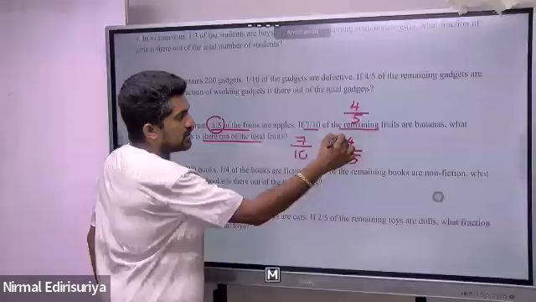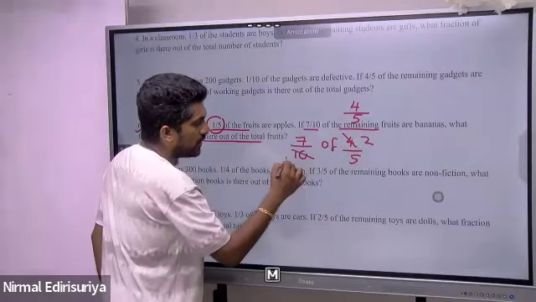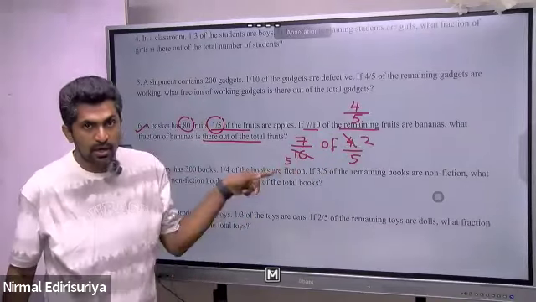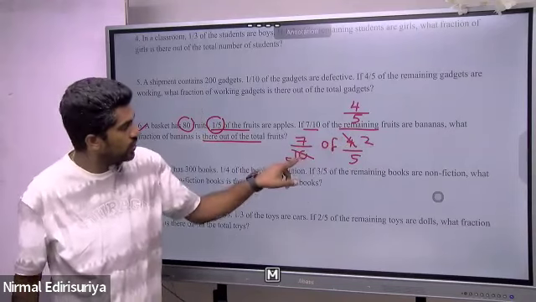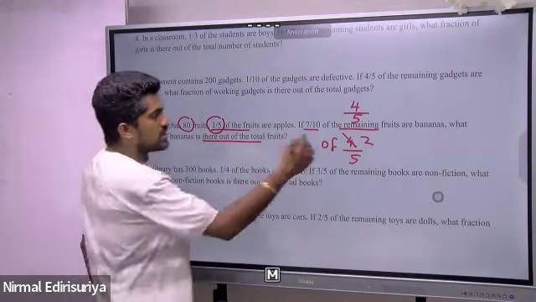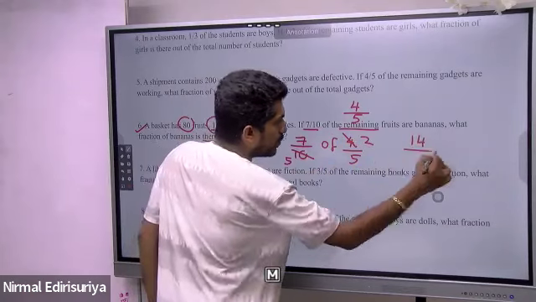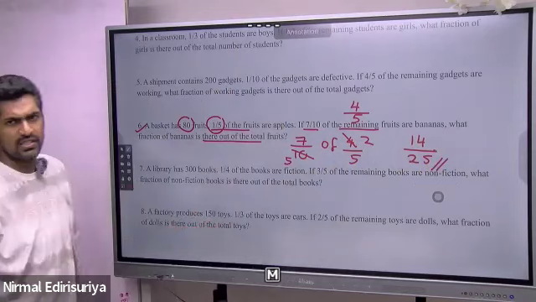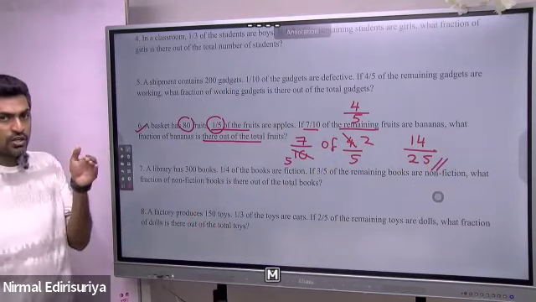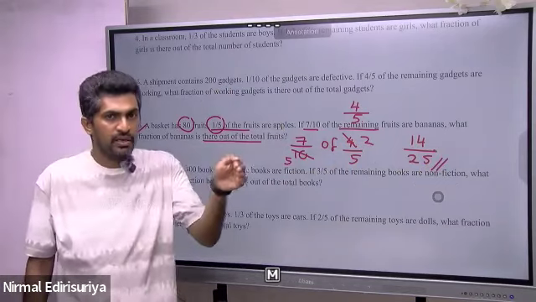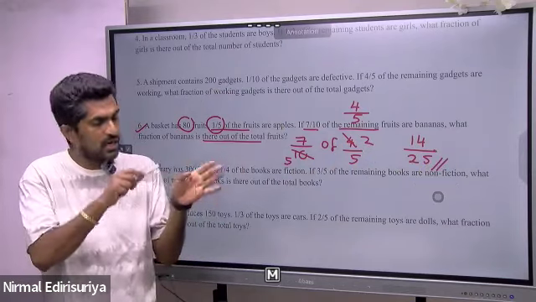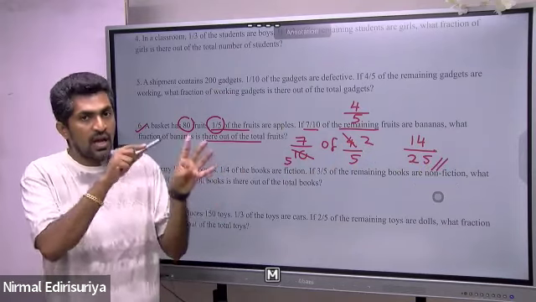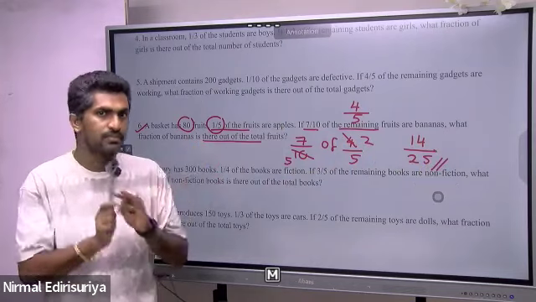Cancel by 2: 4 divided by 2 is 2, 10 divided by 2 is 5. Then 7 into 2 is 14 over 5 into 5 is 25. This is the answer. In these calculations, the keyword is "of the remaining". So you have to understand how to find the remaining and how to do the "of" calculation. That's all.